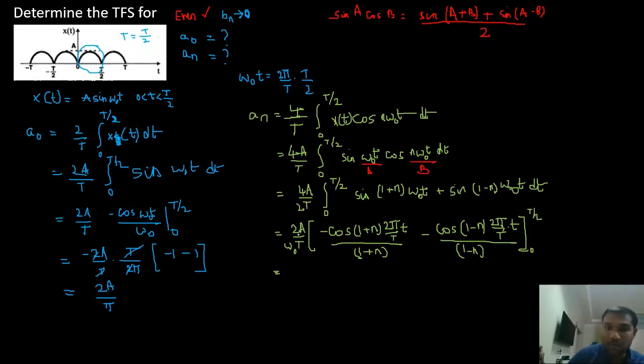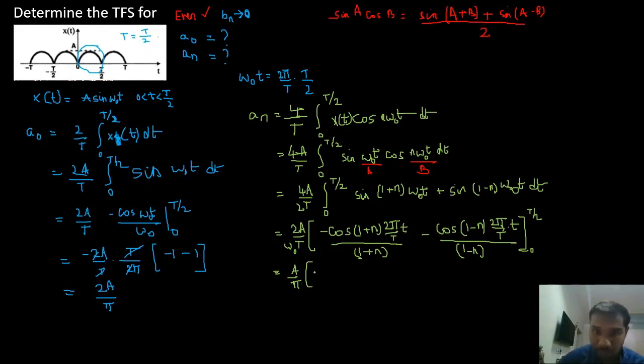I can substitute 2 pi by T. So T gets cancelled, 2 gets cancelled. I have A by pi, and let me substitute the limits. So substitute T by 2 here. So T and 2 get cancelled.